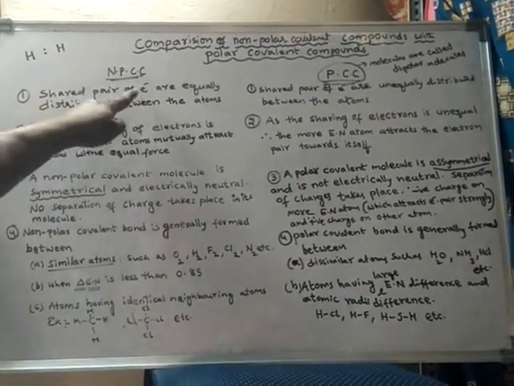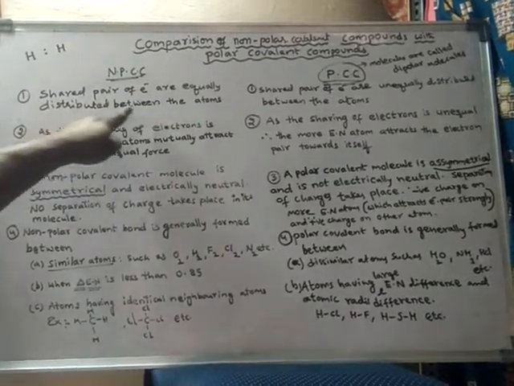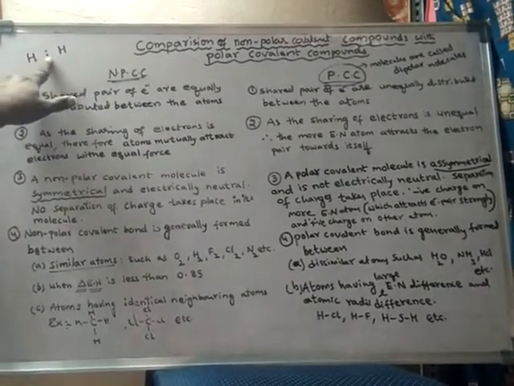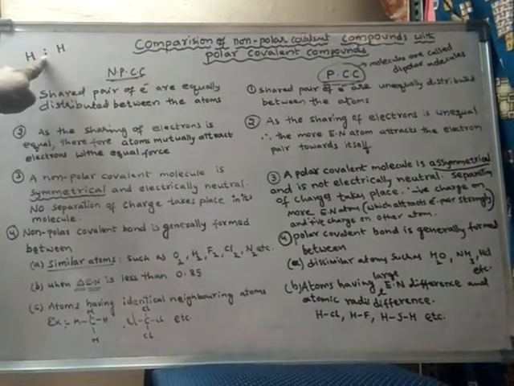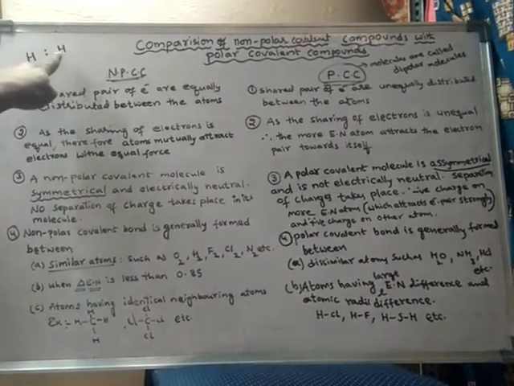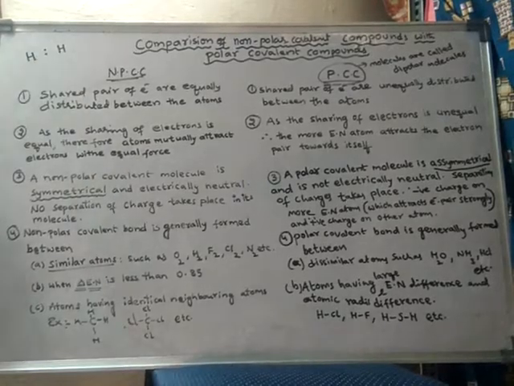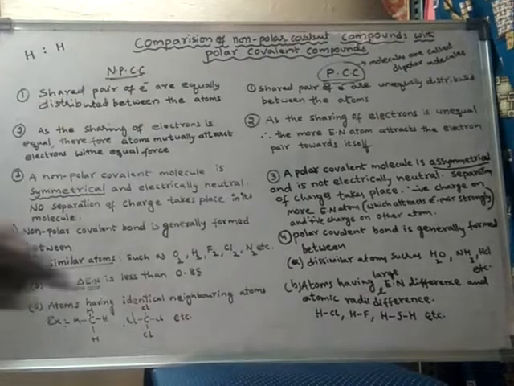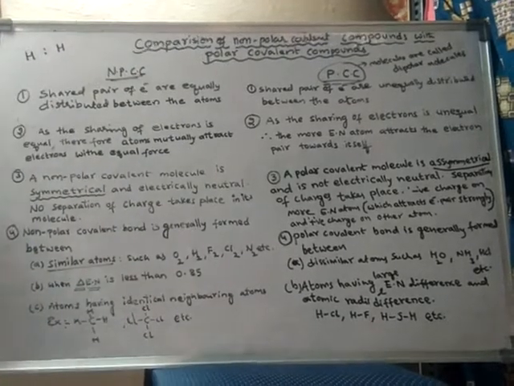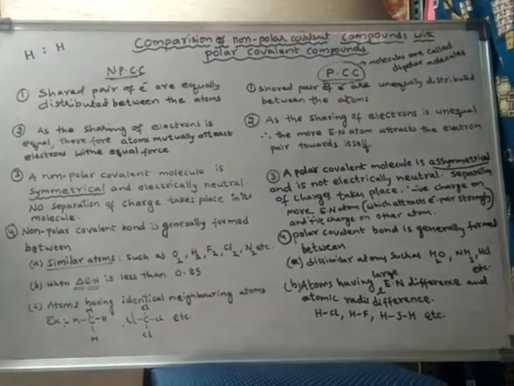That means this electron pair is distributed to this atom as well as to this atom equally. So this is about the non-polar covalent bond.